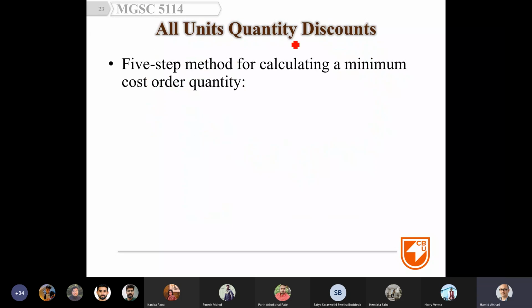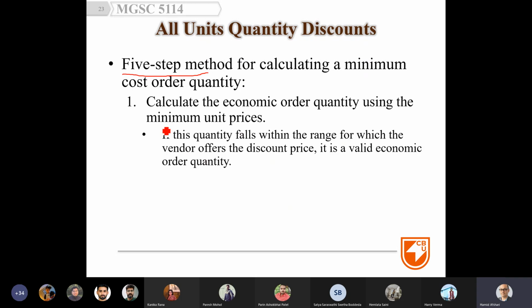Okay, in order to answer it, you have to follow 5 steps, okay? In order to calculate economic order quantity. What are these 5 steps? Number 1, you need to calculate economic order quantity or Q star, okay? Q star for the minimum unit price.